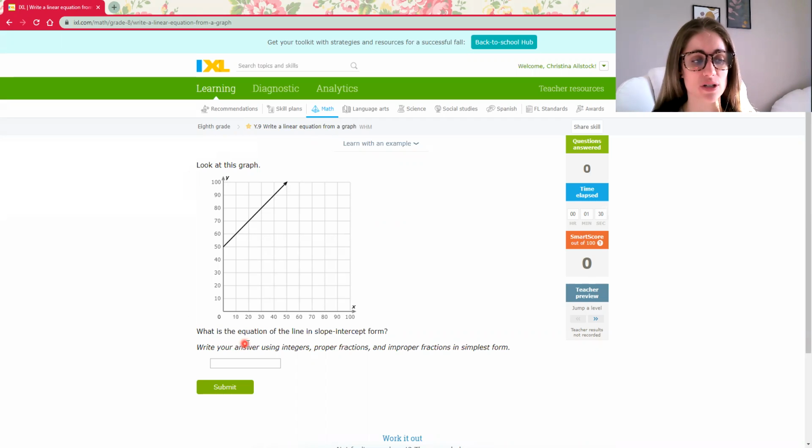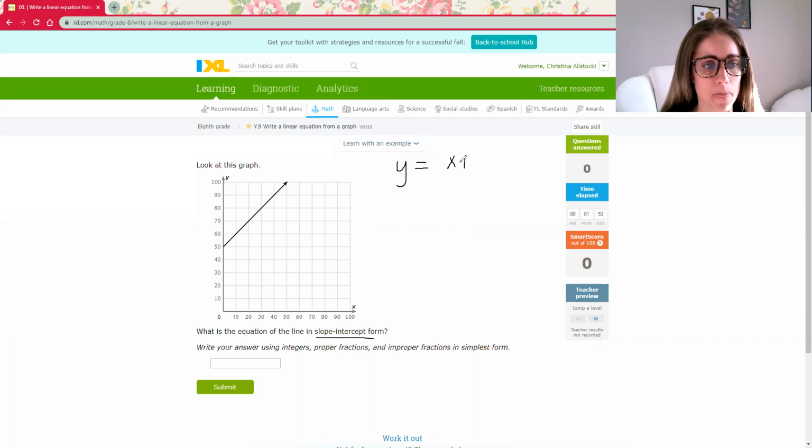What is the equation of the line in slope-intercept form? Let's first review what slope-intercept form is. Do you remember? Y equals mx plus b. Slope-intercept form is y equals mx plus b.